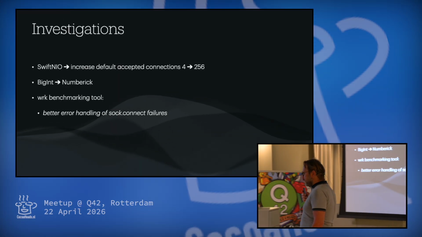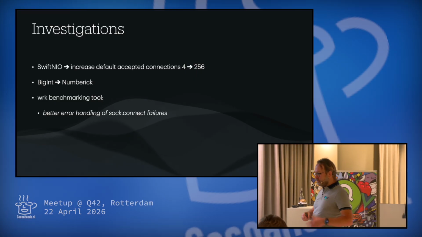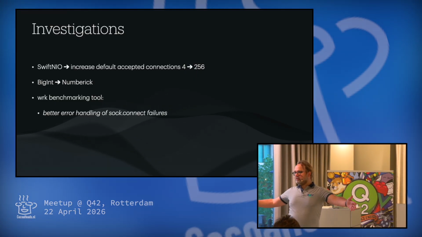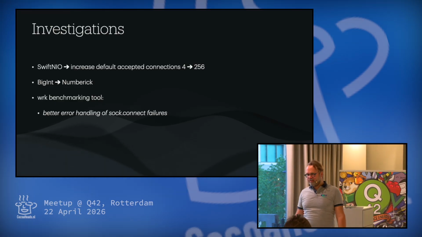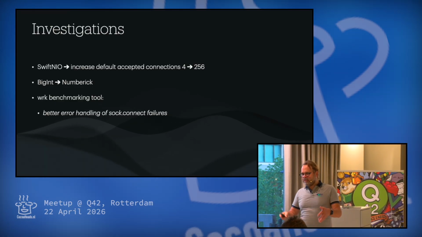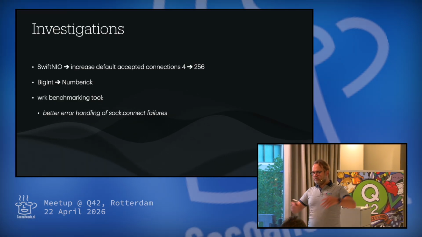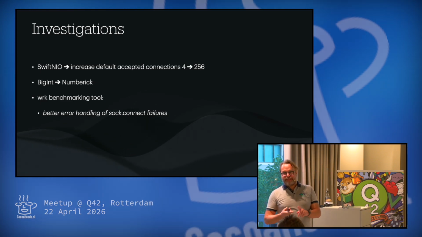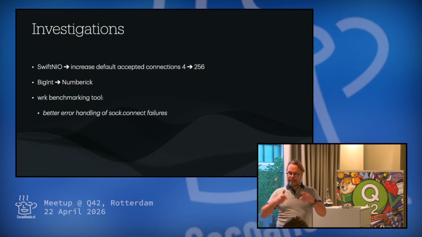I wanted the Fibonacci sequence, but I wanted to use big integers. It's not really nice that you get like 4.6 times 10 to the whatever. I just wanted to see all the numbers. So for that, I used a big int library for all these different frameworks, for JavaScript and for Swift.